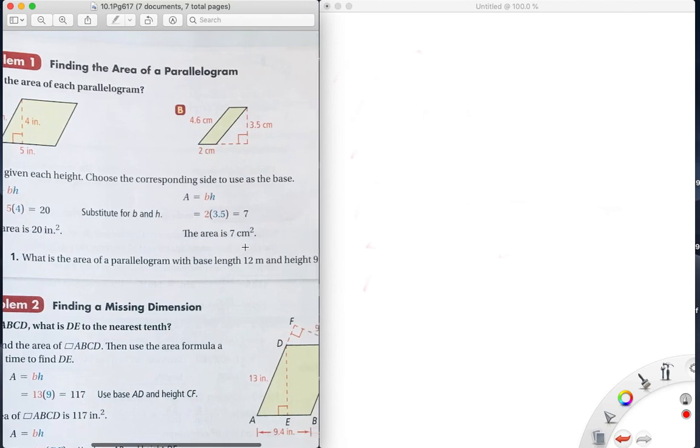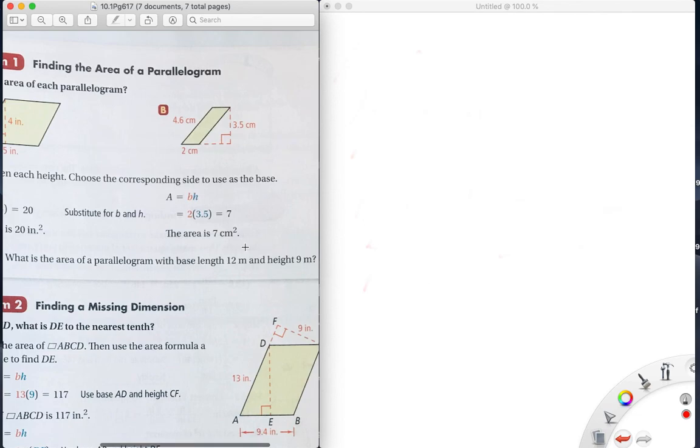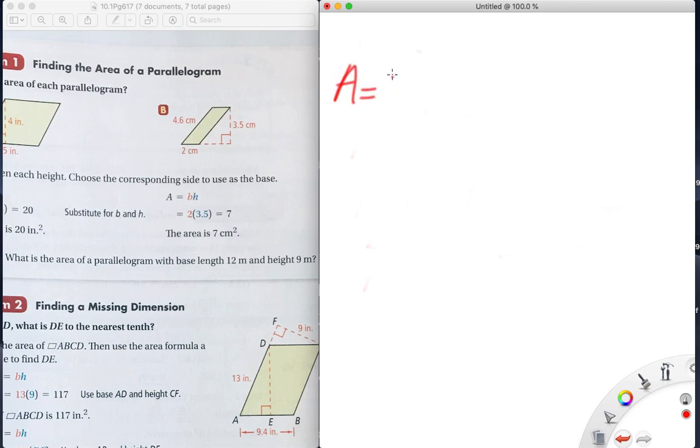So the question for practice problem number 1 is, we have a parallelogram with a base of 12 and a height of 9. What is the area? So the area of a parallelogram is base times height. In this case, my base is 12.